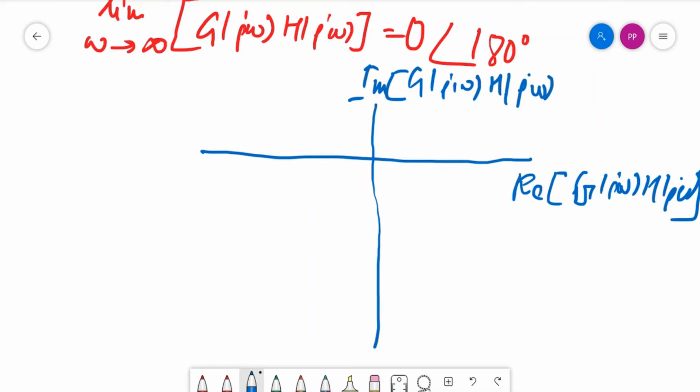Why have I drawn it like this? The first quadrant and second quadrant are smaller in size because the graph will start from the third quadrant.